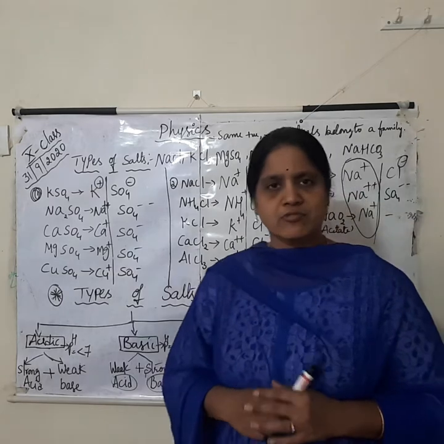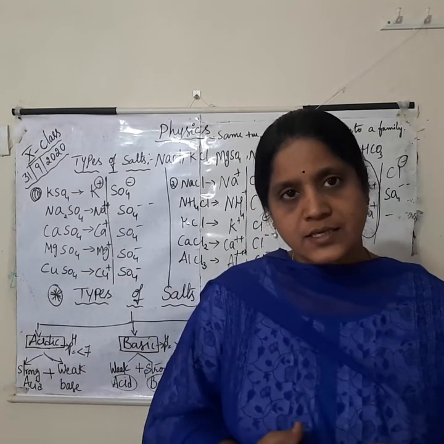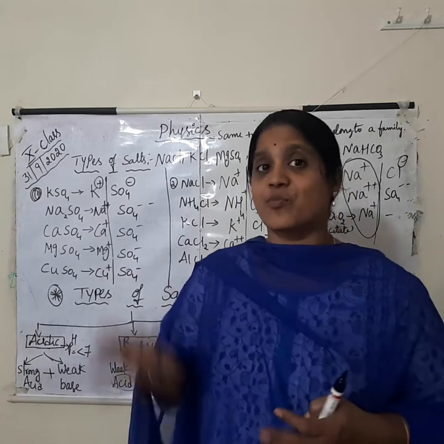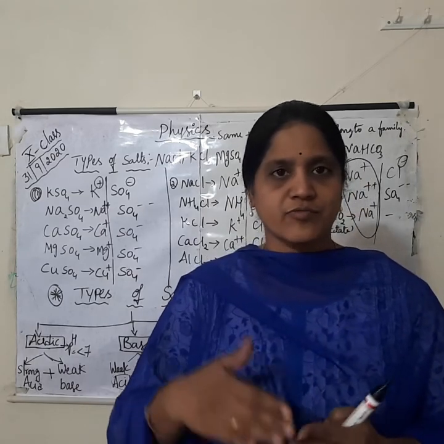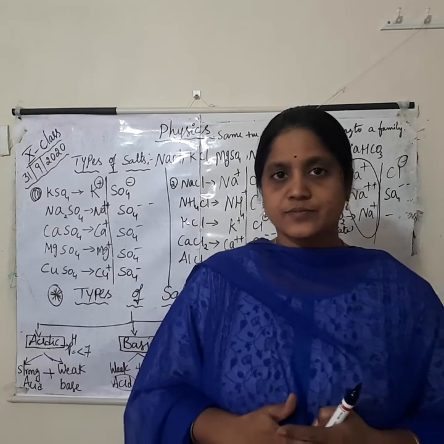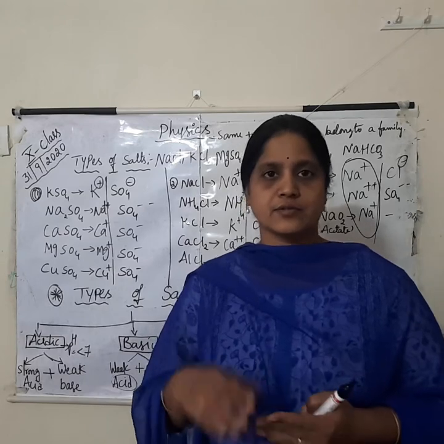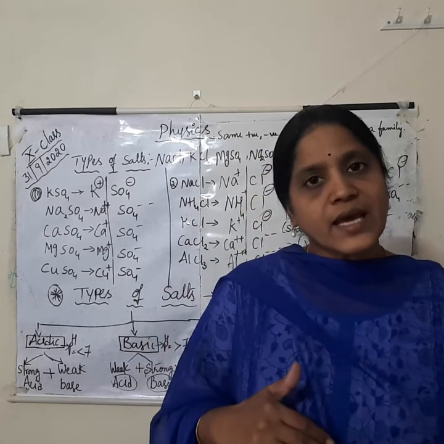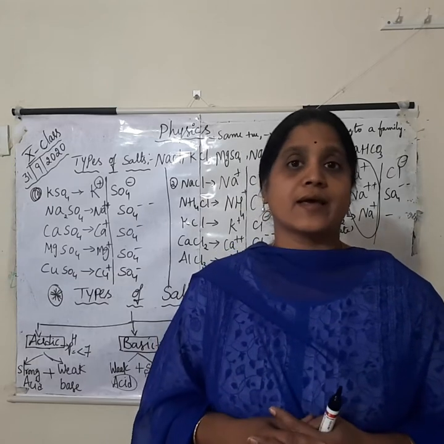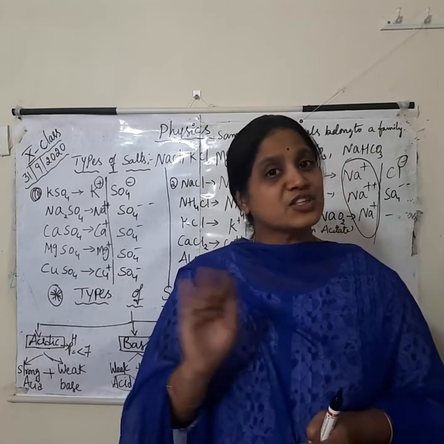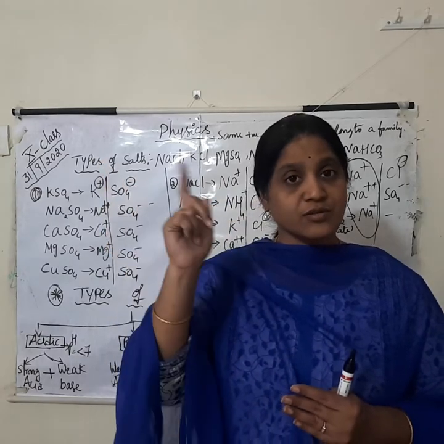You may raise one question. When a strong acid combines with a strong base, we get neutral salts. In the opposite condition, if a weak acid combines with a weak base, what type of salt do we get? You will not get neutral salts, because in the earlier condition both were strong, so you got neutral.